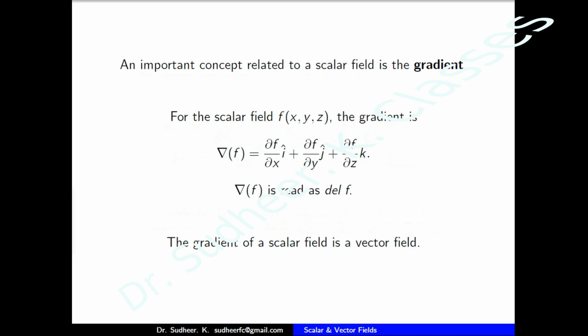An important concept related to a scalar field is the gradient. For the scalar field f(x,y,z), the gradient is del f equal to partial derivative of f with respect to x i plus partial derivative of f with respect to y j plus partial derivative of f with respect to z k.